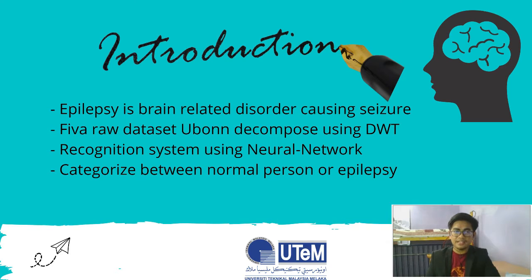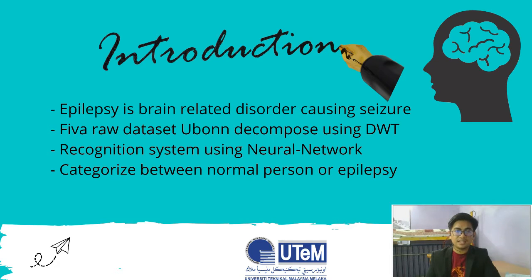Basically, set A denotes subset Z, which is healthy persons with eyes open. Set B denotes subset O, which is healthy persons with eyes closed. Set C denotes subset N, which is epileptic patients, while set D denotes subset F, which is the epileptogenic zone before seizure, and lastly, set E denotes subset S, which is a region of seizure activity.